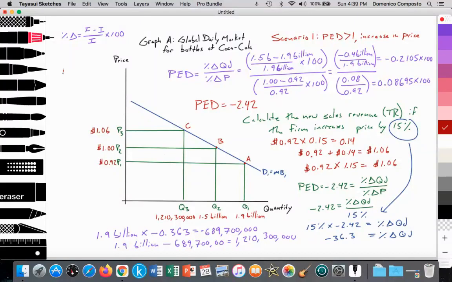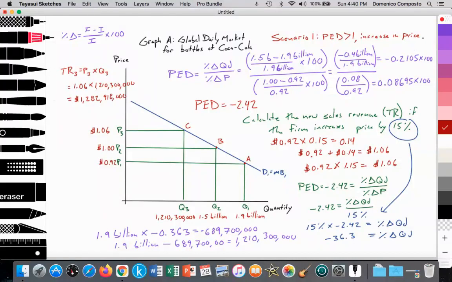So total revenue 3 is equal to P3 times Q3, which is $1.06 multiplied by 1,210,300,000, and that equals 1,282,918,000.